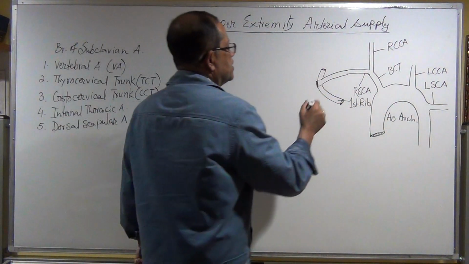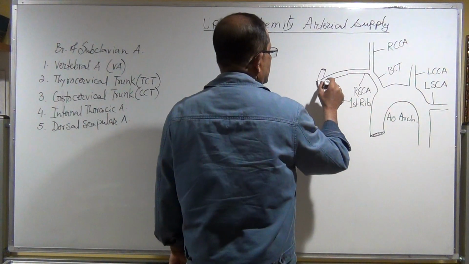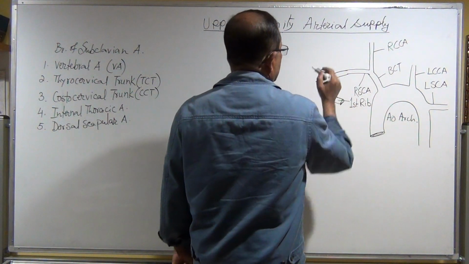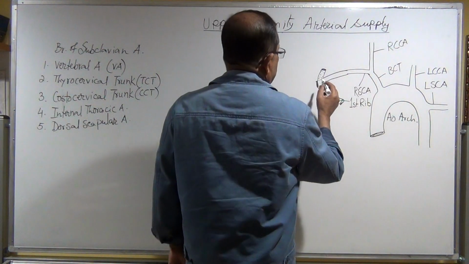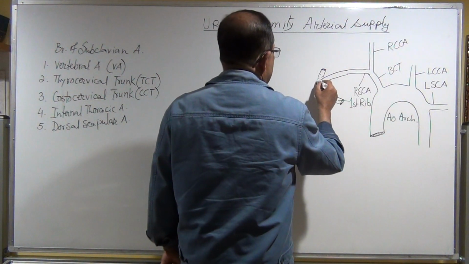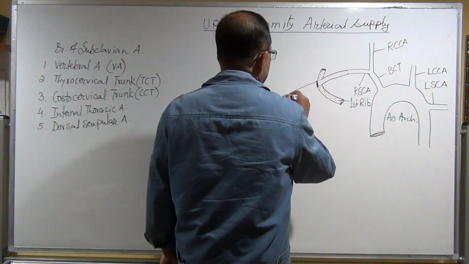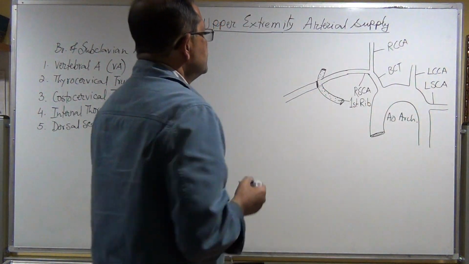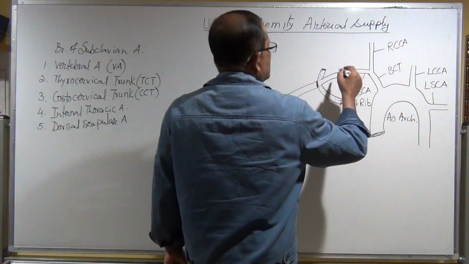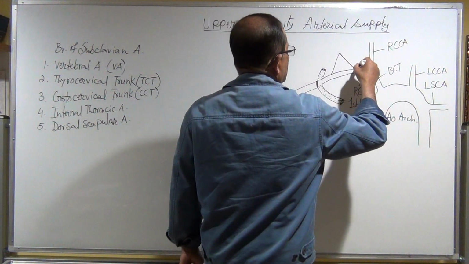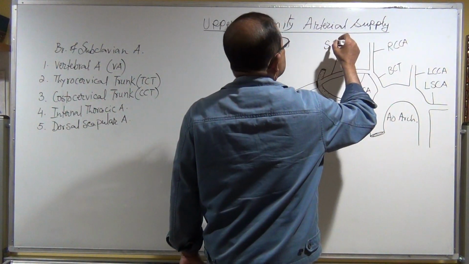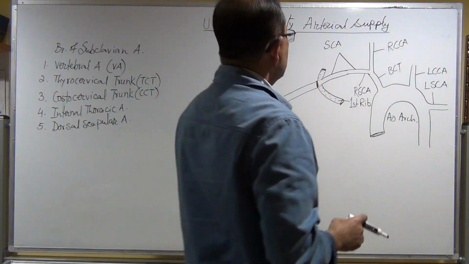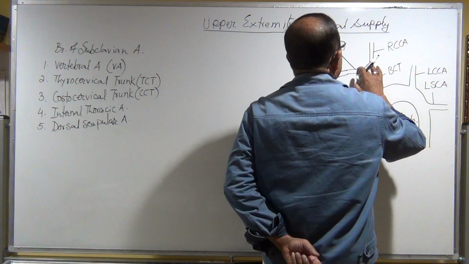So this is the first rib. And then its name is axillary artery. So this is the subclavian artery.